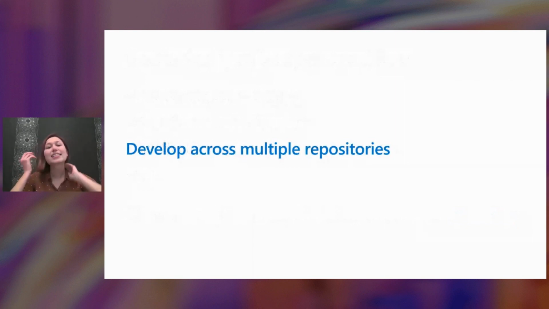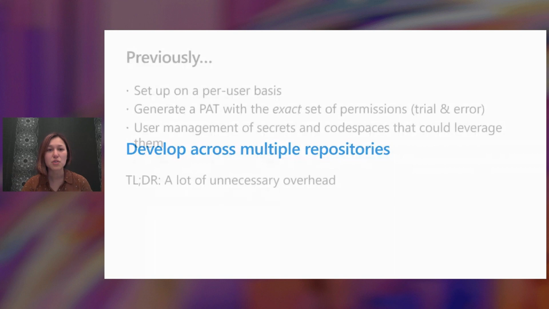Now, let's dive into how you can use Codespaces to develop across multiple repositories. Previously, Codespaces were primarily optimized for projects that all resided within one repository. If you had another project or, say, service in another repository, that was really difficult.